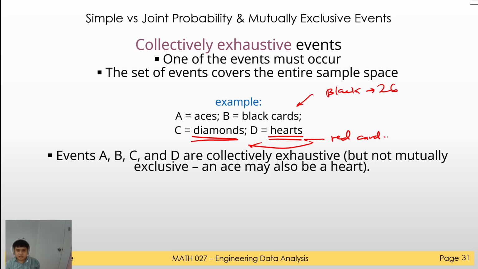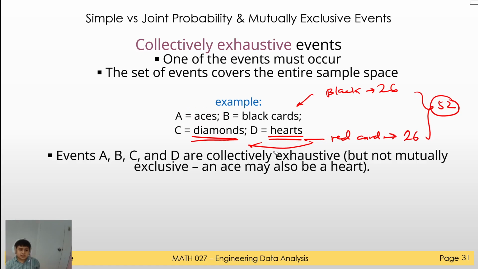Which is also 26 for the red cards. So this is the total of the sample space, excluding even the aces. Then they are collectively exhaustive. Including the aces, this will still be collectively exhaustive, because from this alone, meaning aces don't really matter here.